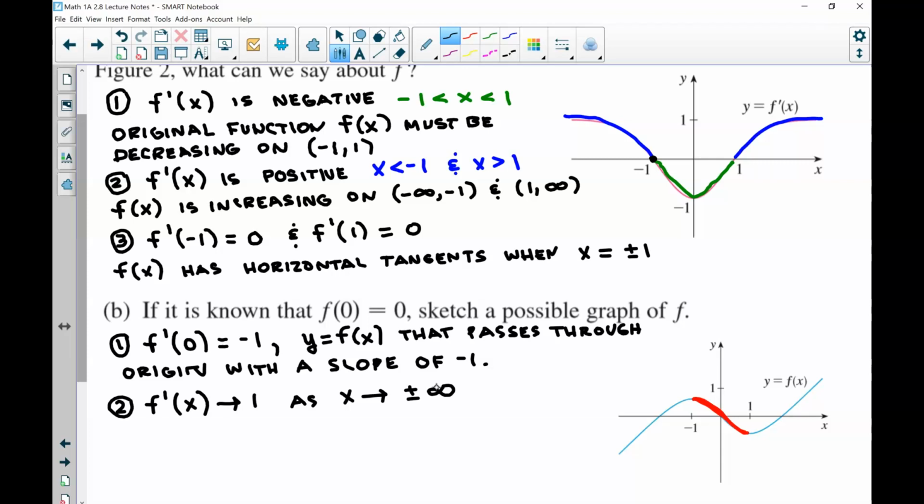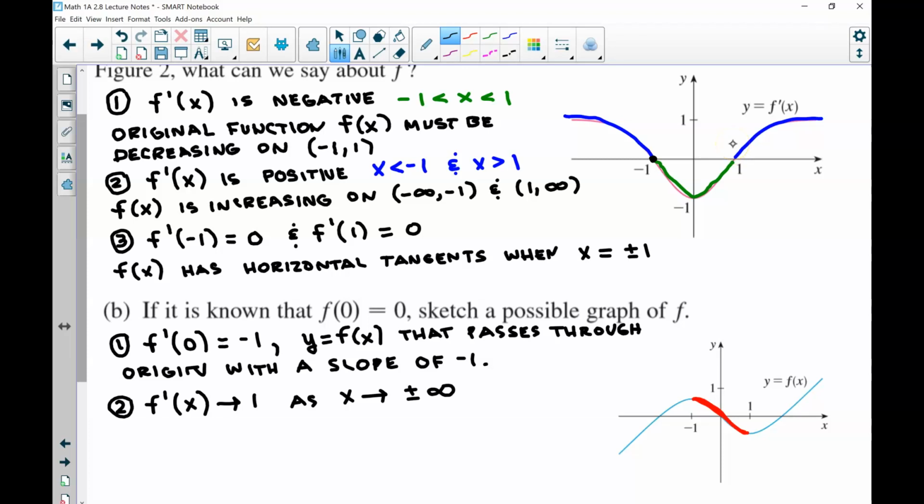So again, as you can see here, the derivative is approaching 1. As it's approaching 1, again, x is approaching positive and negative infinity.